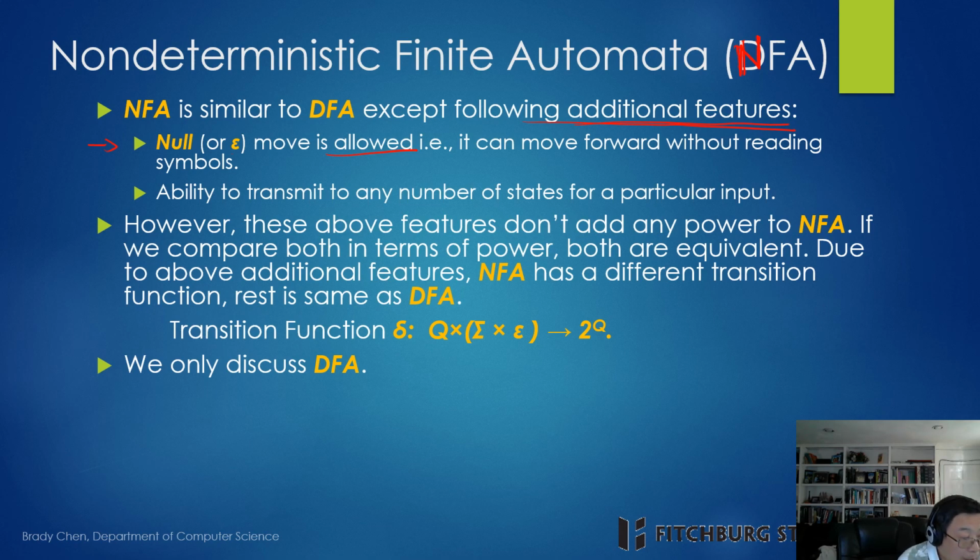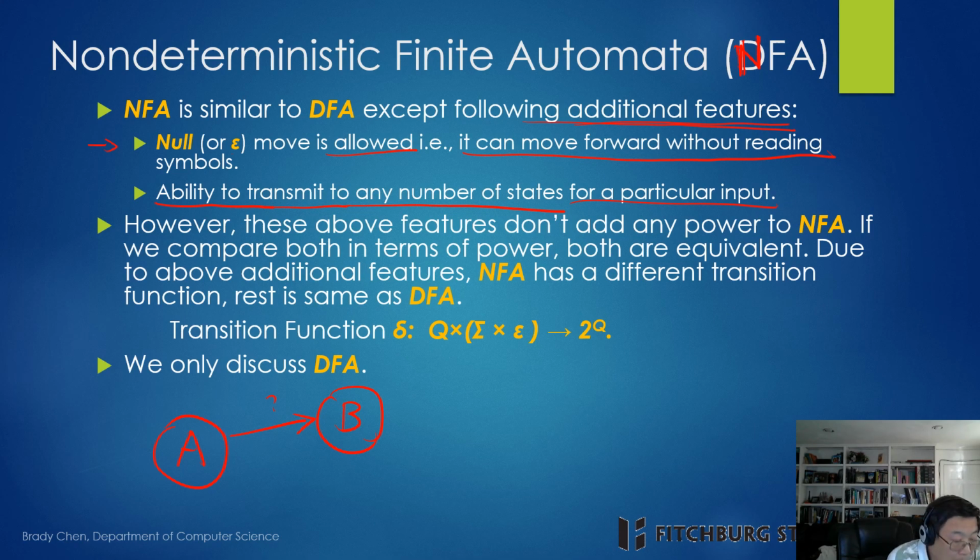So that means in the non-deterministic finite automata, it can move forward without reading symbols. That's interesting. So let's suppose we have a current state A. Now A can move to state B without reading any symbol. The second one is it can transit to any number of states for a particular input.